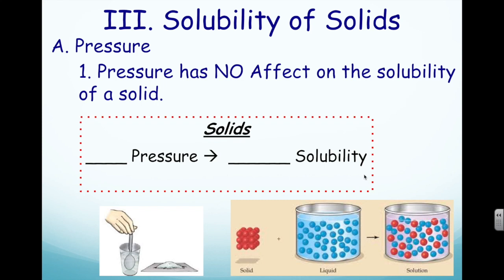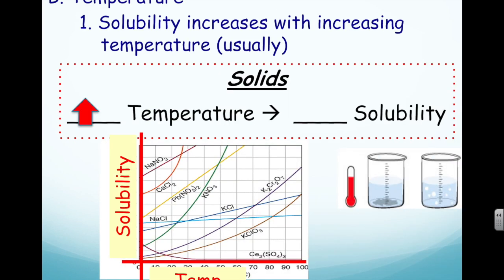Now a solid, if we increase the pressure right here, pop quiz, what happens to the solubility? Nothing, all right? It has no effect on the solubility for an increase of pressure. But if we increase the temperature, we will increase the solubility right here.